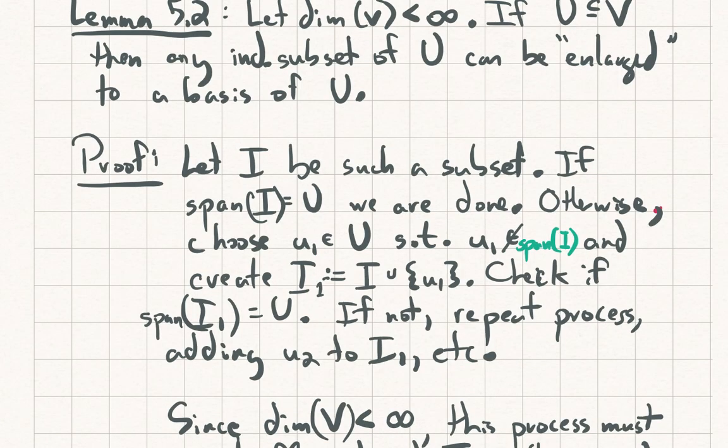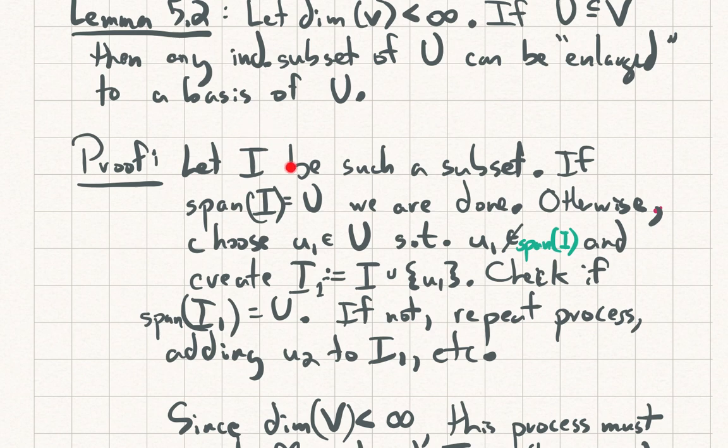Using the idea on the last slide, if we have a finite dimensional vector space with some linearly independent subset, we can always enlarge that subset to become a basis. Basically we just do theorem 5.1 over and over again.